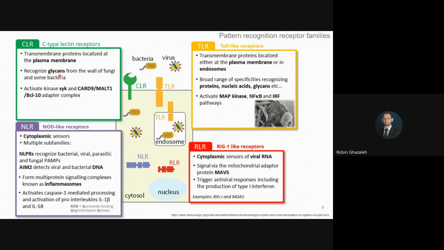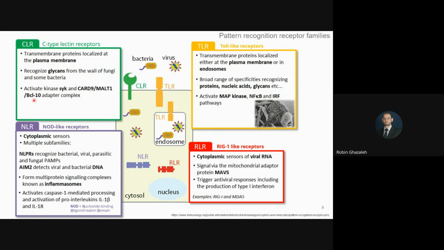Recognizes glycans, so it's a bit more restrictive, and it recognizes glycans mostly from fungi, but also bacteria. By the way, it says fungi and bacteria, but there are examples of C-type lectin receptors that recognize viral glycans as well.